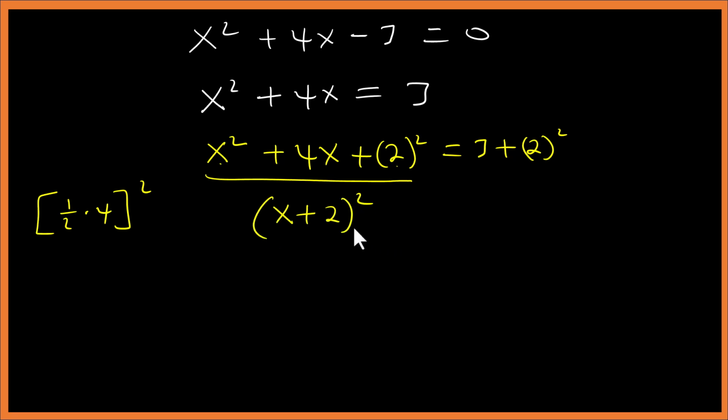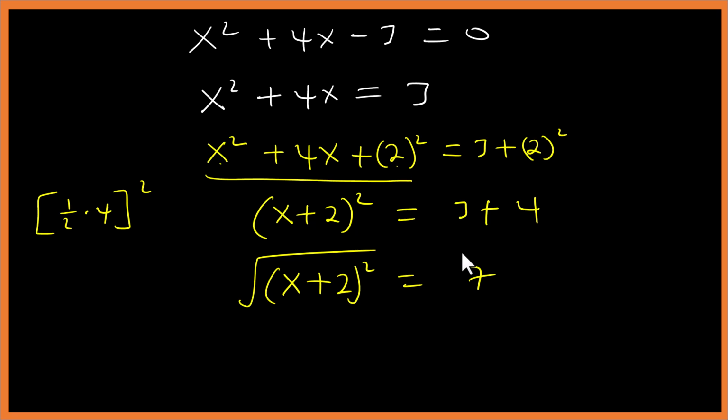Now when you expand this, you get 3 plus 4, so (x plus 2) all squared is 7. So let's take the square root on both sides.